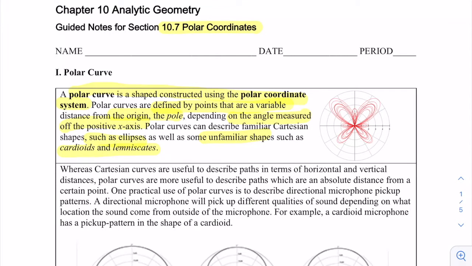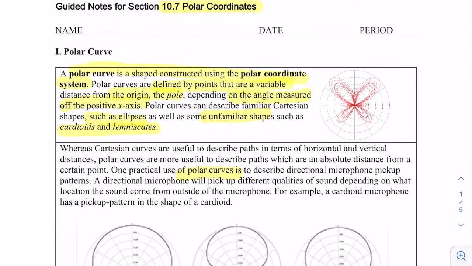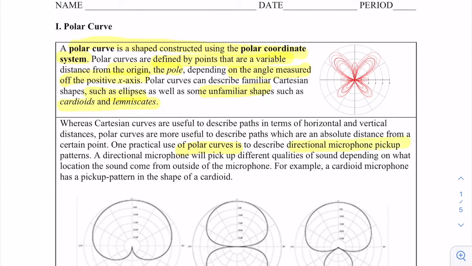So Cartesian graphs are useful to describe horizontal and vertical distance, whereas polar curves are useful to describe paths which have an absolute distance from a certain point. One practical use of polar curves is to describe directional microphone pickup patterns.